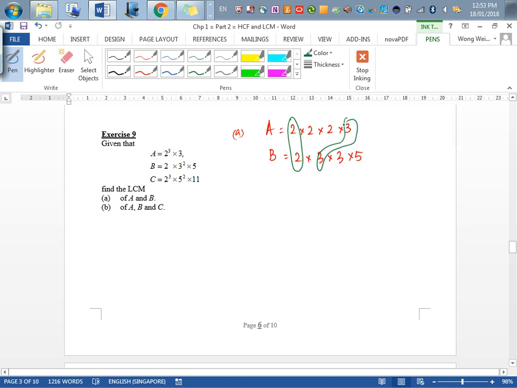Okay? And LCM is equals to, over here, the 2 times 2 times 2 times 3 times 3 times 5. Okay, now my answer will be 2 cubed times 3 square times 5.